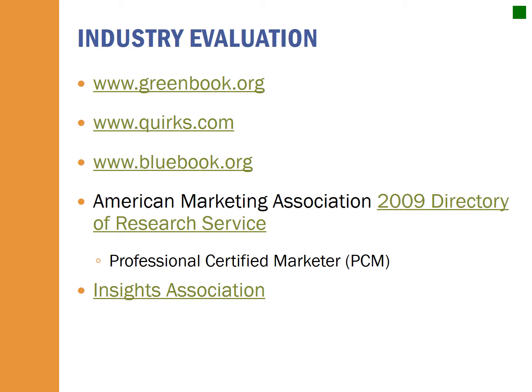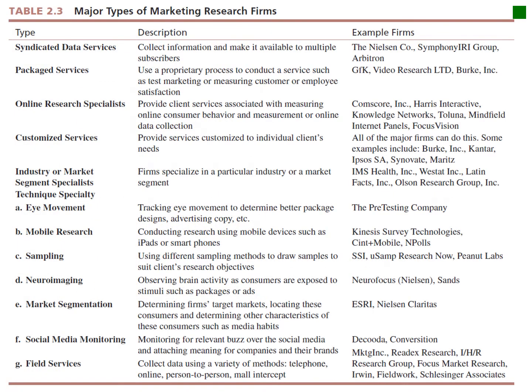Also know that a lot of research, again, is outsourced from the firm. So again, you can pause this and take a look at these different forms or types of research that are done. These are techniques and methods that are used.